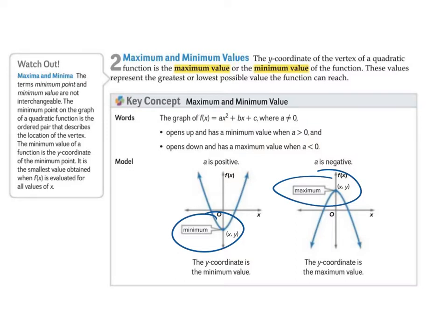So make sure when it asks for the minimum value or the maximum value, you only give the output, just the y. And if it asks you for where the minimum or maximum value is, then you give the x as additional info. Like it says here, the y coordinate is the maximum value or the minimum value, not the x.